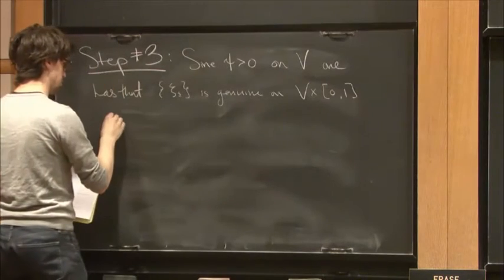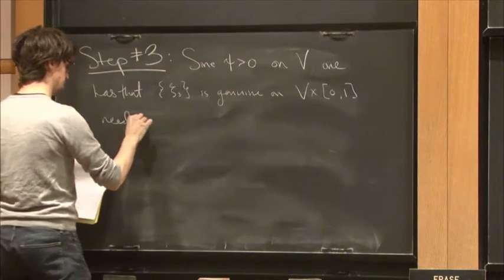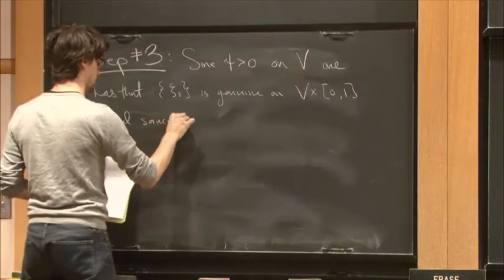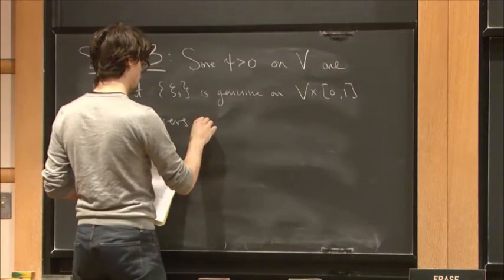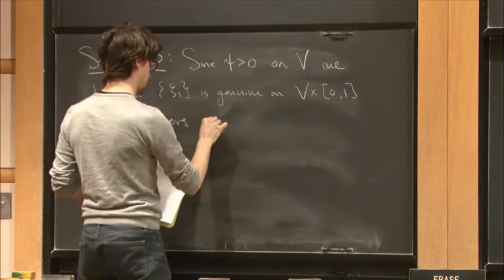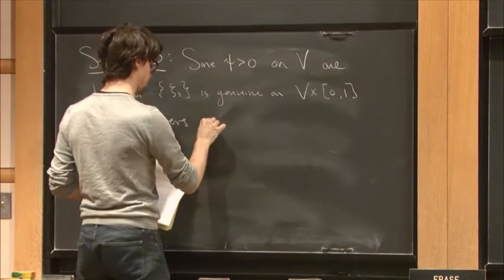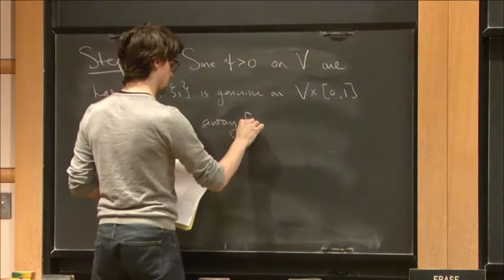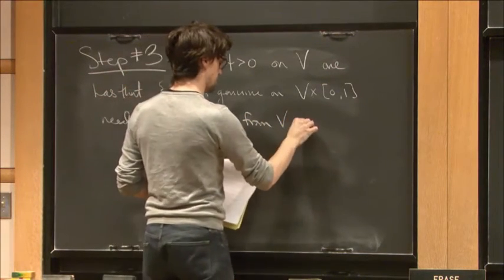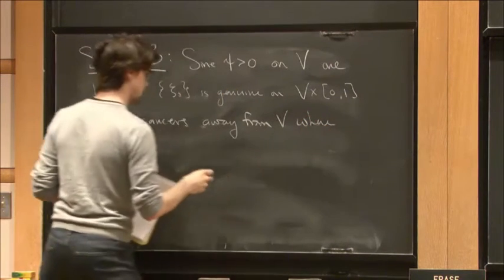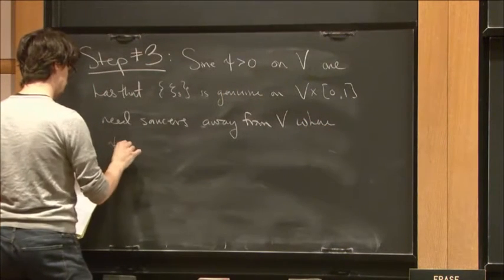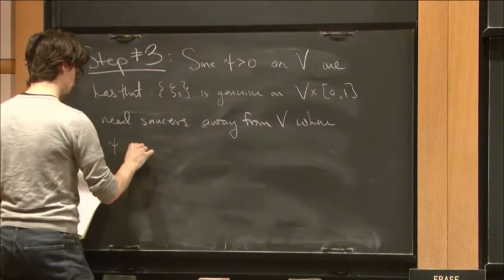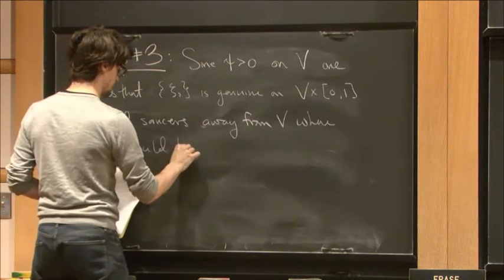So you need saucers away from V, where psi could be negative.